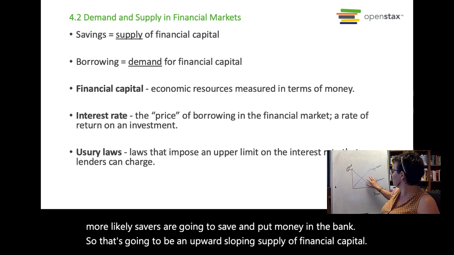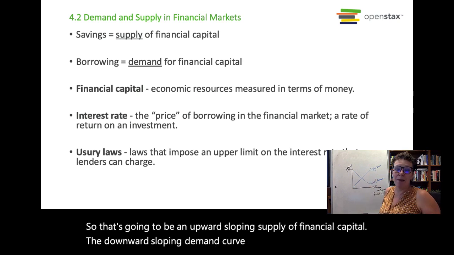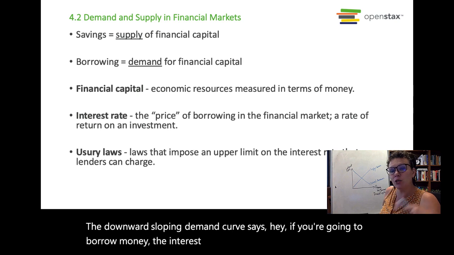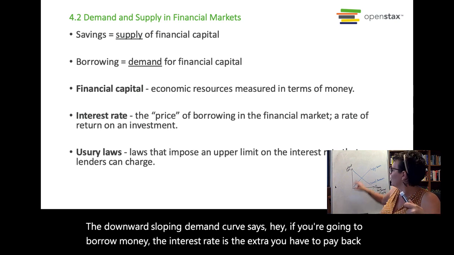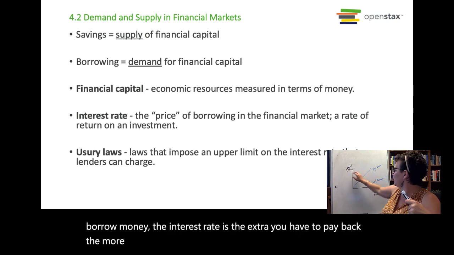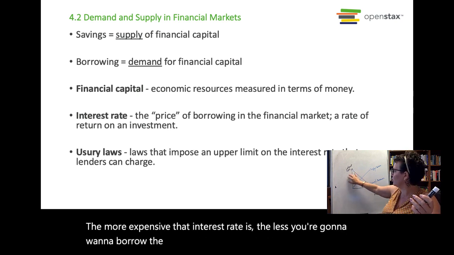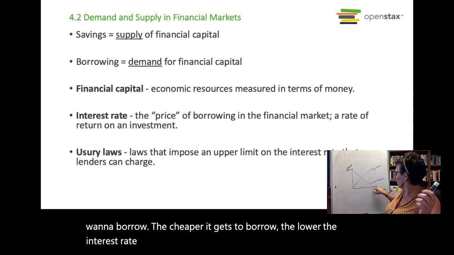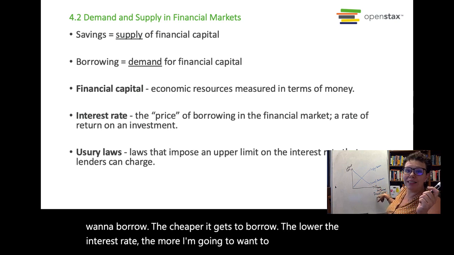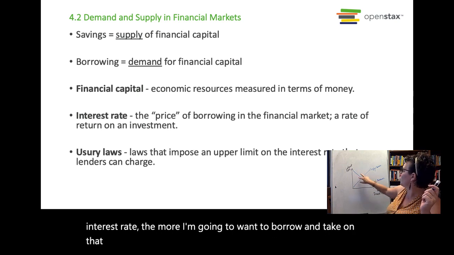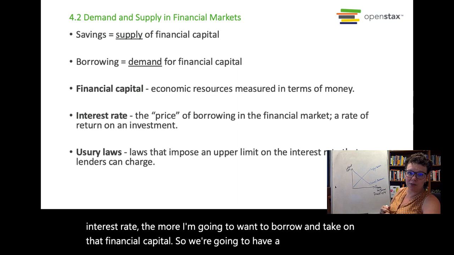The downward sloping demand curve says, if you're going to borrow money, the interest rate is the extra you have to pay back. The more expensive that interest rate is, the less you're going to want to borrow. The cheaper it gets to borrow, the lower the interest rate, the more I'm going to want to borrow and take on that financial capital. So we're going to have a downward sloping demand curve.